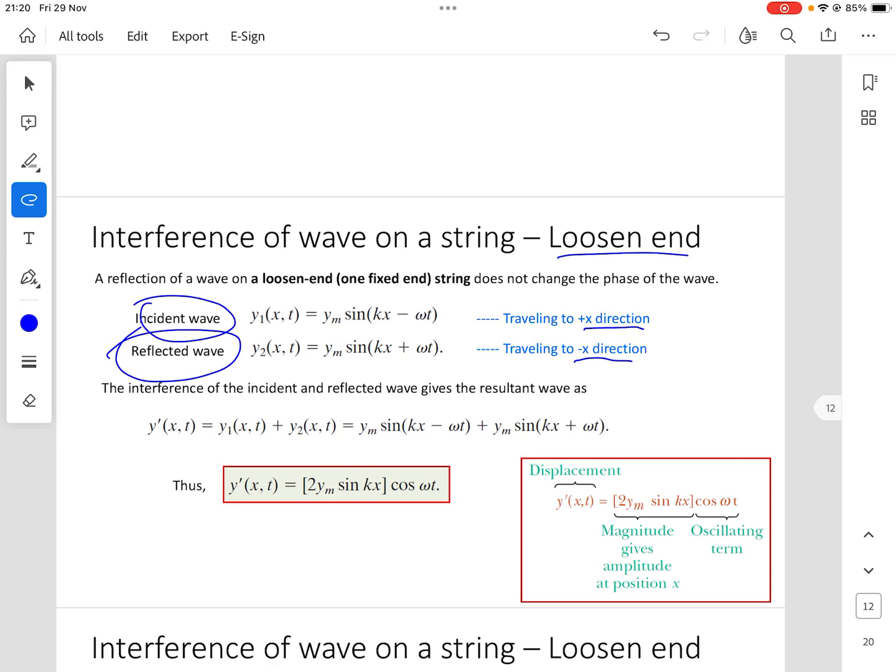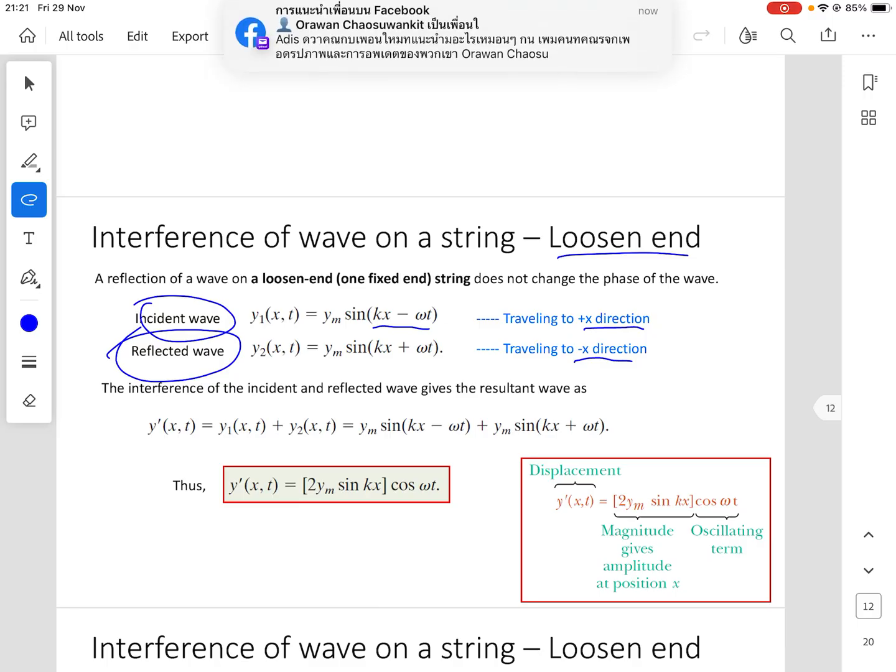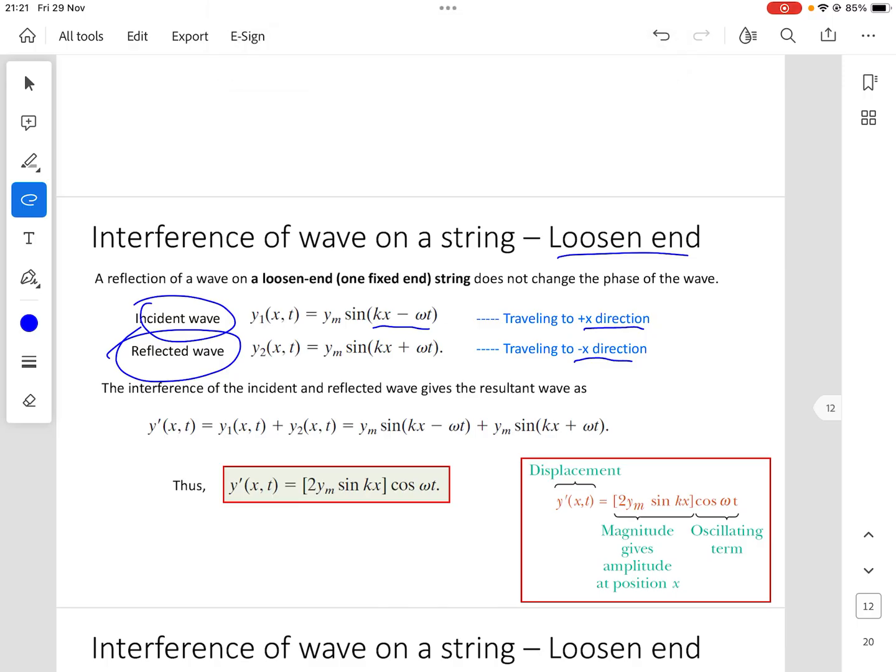The incident wave is ym sine(kx minus omega t). The reflected wave for the loose end does not change the phase, so you get the same phase as the incident one.